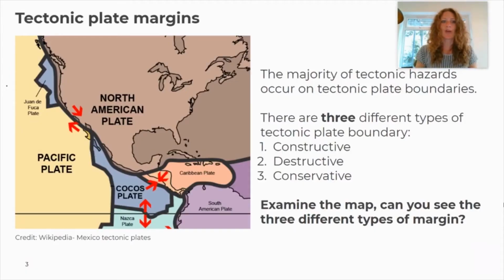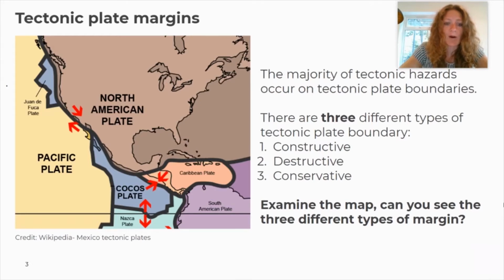Okay, so the first thing that I would like you to do today is to have a look at the map. The map is really zoomed in on the North American plate and the Pacific plate, the Cocos plate, the Nazca plate, the Caribbean plate, and the South American plate.